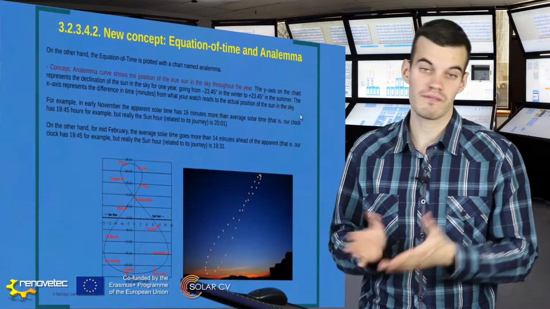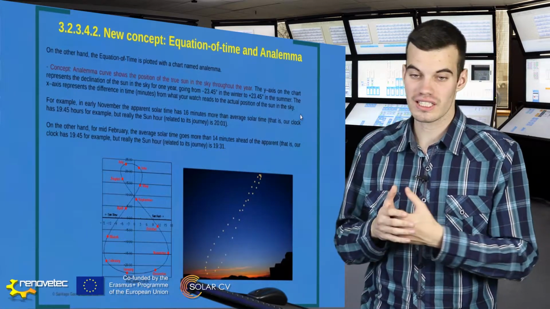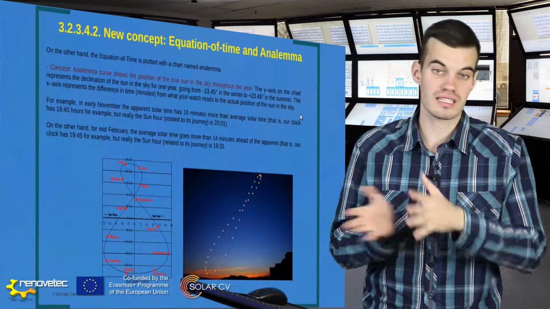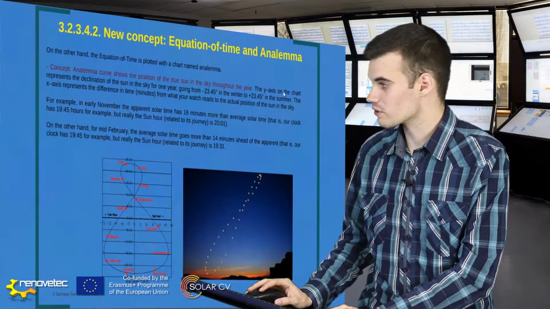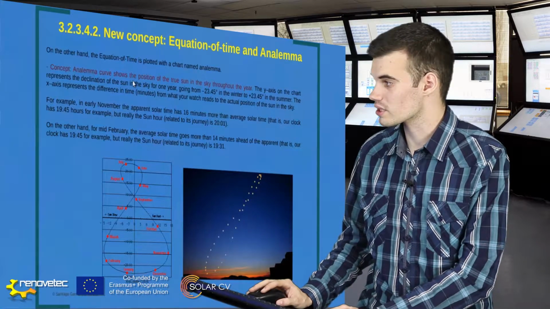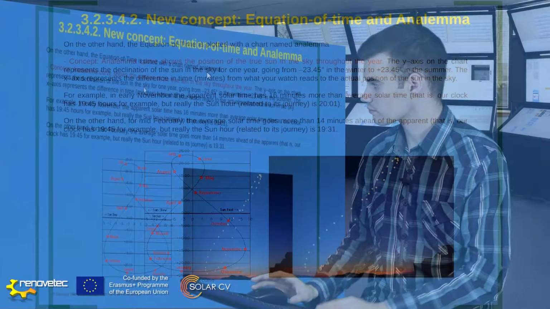And finally we have the analemma concept. An analemma really shows the equation of time, but in a plot. The y-axis of the chart represents the declination of the sun in the sky for one year, going from minus 23.5 degrees to plus 23.5 degrees, so the total movement of this axis is 47 degrees.